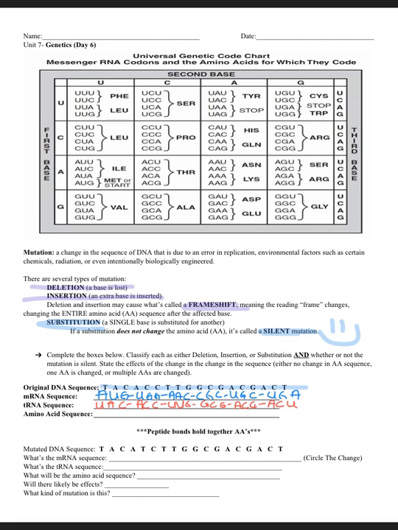The translated tRNA sequence, your anticodons, should have read as UAC, ACC, UUG, GCG, ACG, ACU.